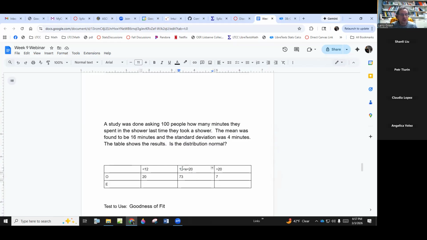This is the empirical rule. Been a few weeks. Do you remember? I don't see you jumping in.